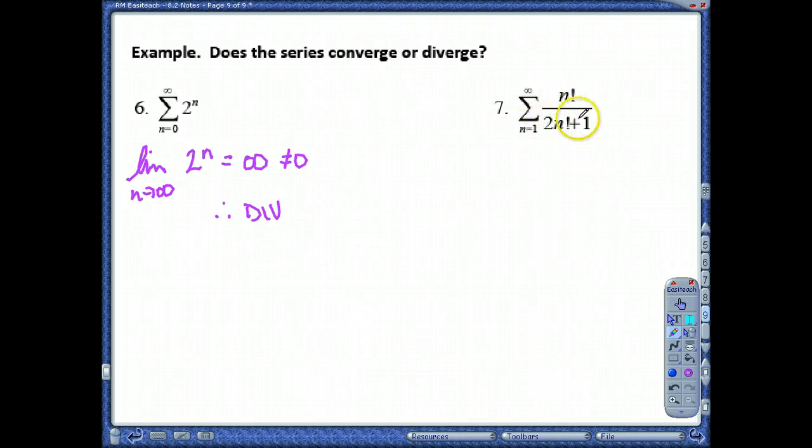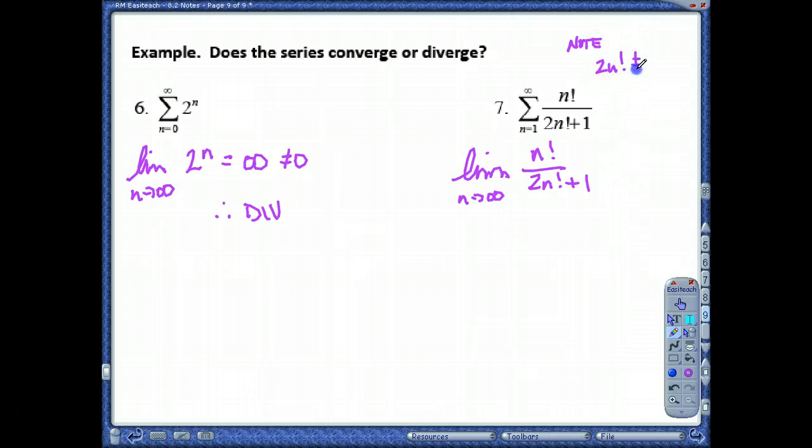So looking at this guy here, once again, I'm looking at that limit. Oh, well, you get the idea. Okay, of n factorial over 2n factorial plus 1. Now, just remember, note, 2n factorial is not equal to 2n factorial.